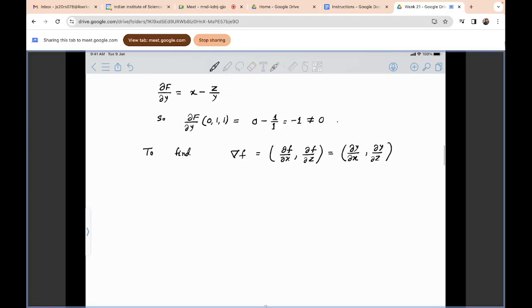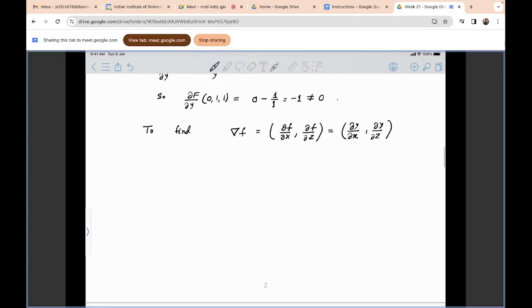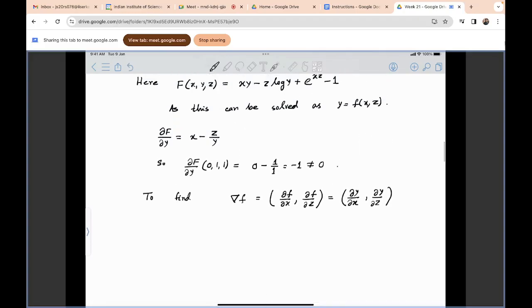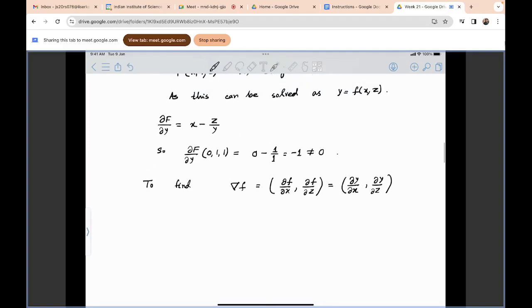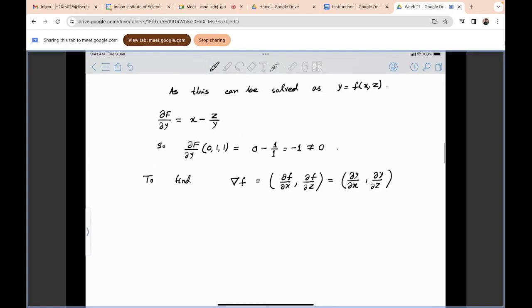So this is grad f. Now let's find what this is. We also have f of (0, 1) at x, z is 1.